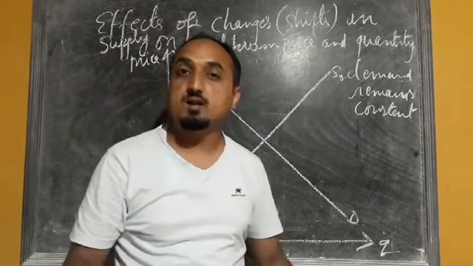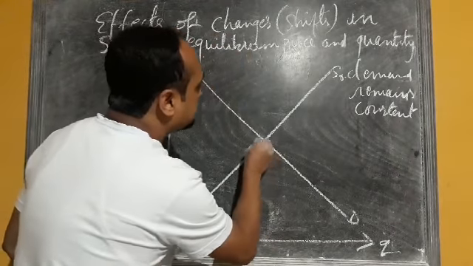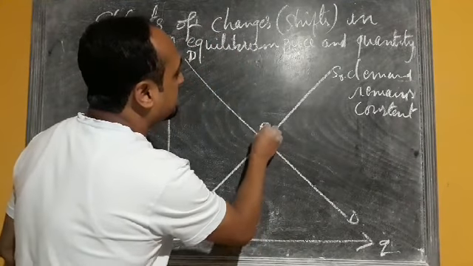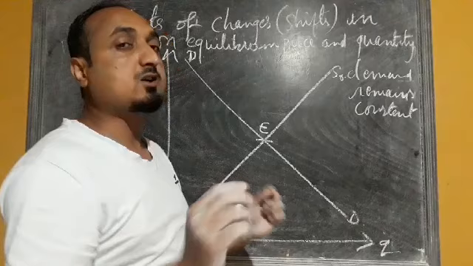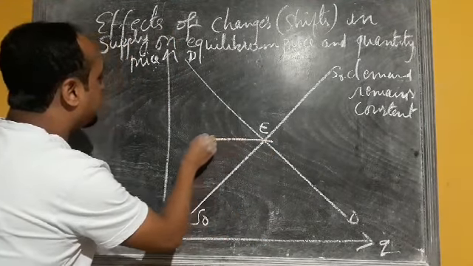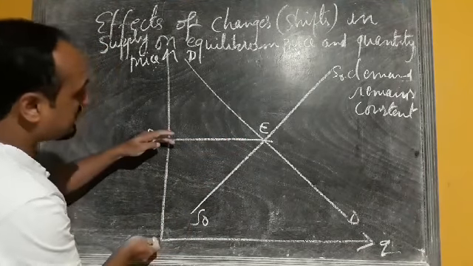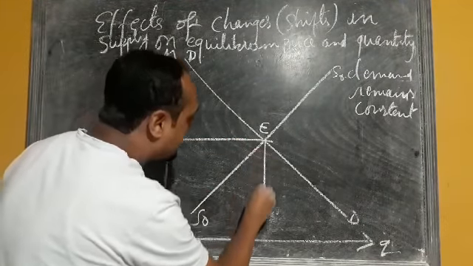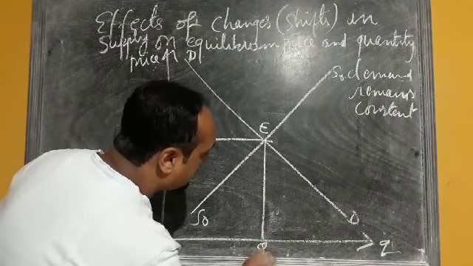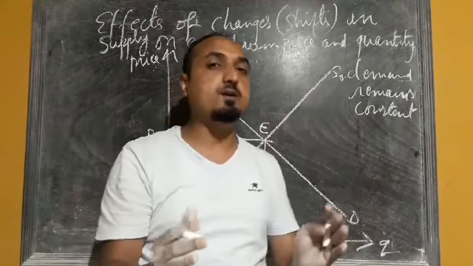Demand and supply are intersecting each other at point, suppose say E. So E is the equilibrium point, and OP0 is the equilibrium price, and OQ0 is the initial quantity.